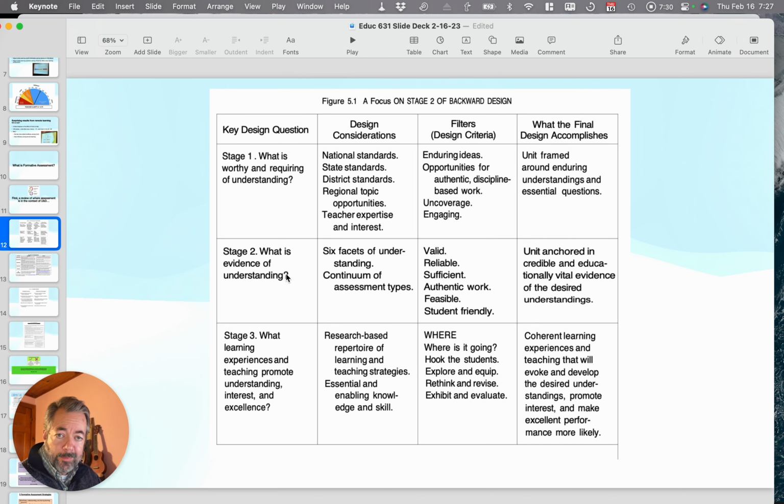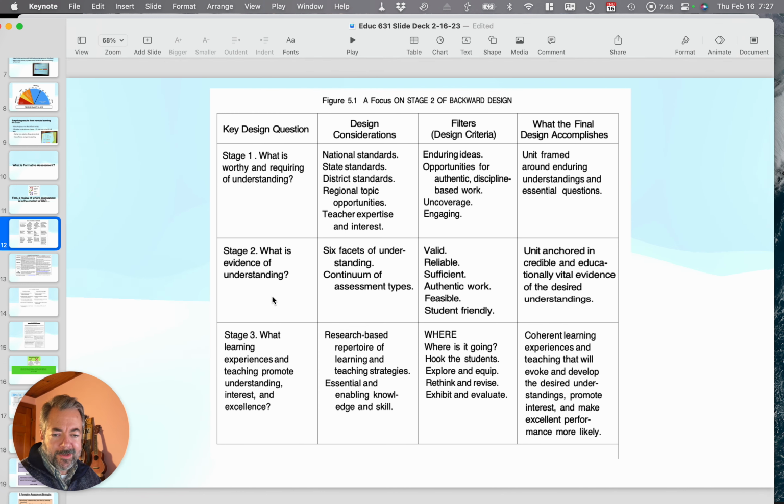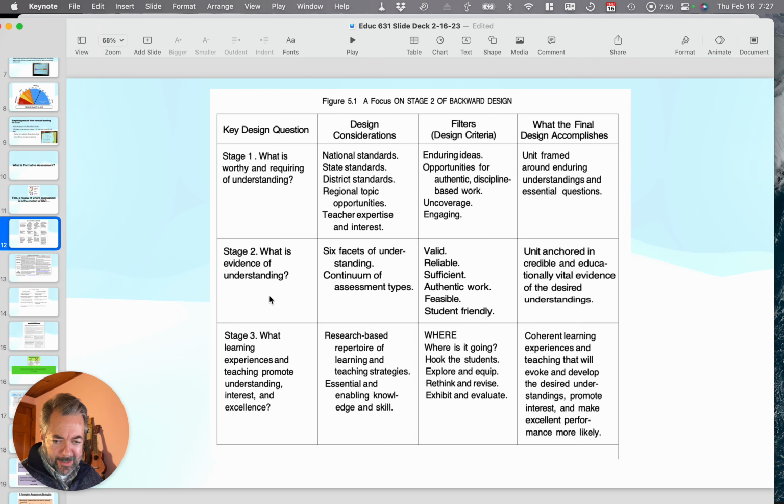I did some formative assessment type projects, but I didn't vary it. I didn't look at the unit and what I was teaching and think, well, maybe I should do a different sort of assessment based on what I'm teaching. So stage two also asks you to vary the assessment. Don't do the same things all the time. And then, of course, stage three are the lesson plans.